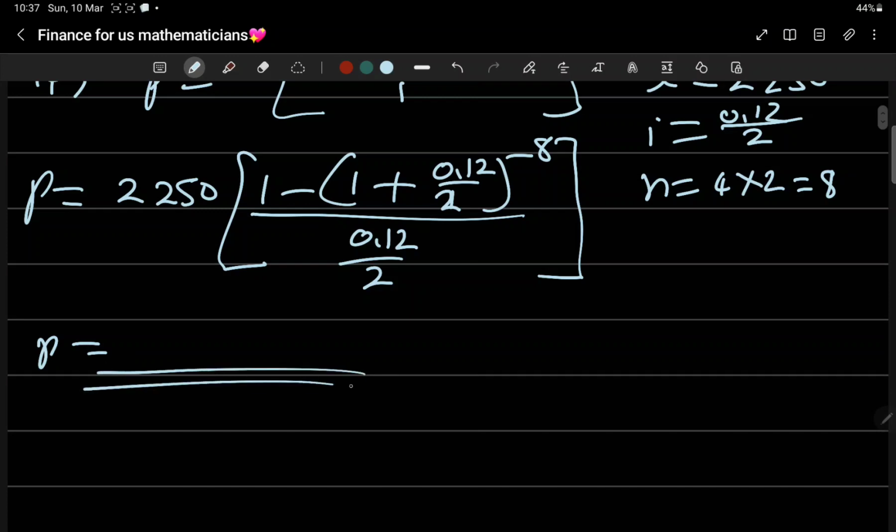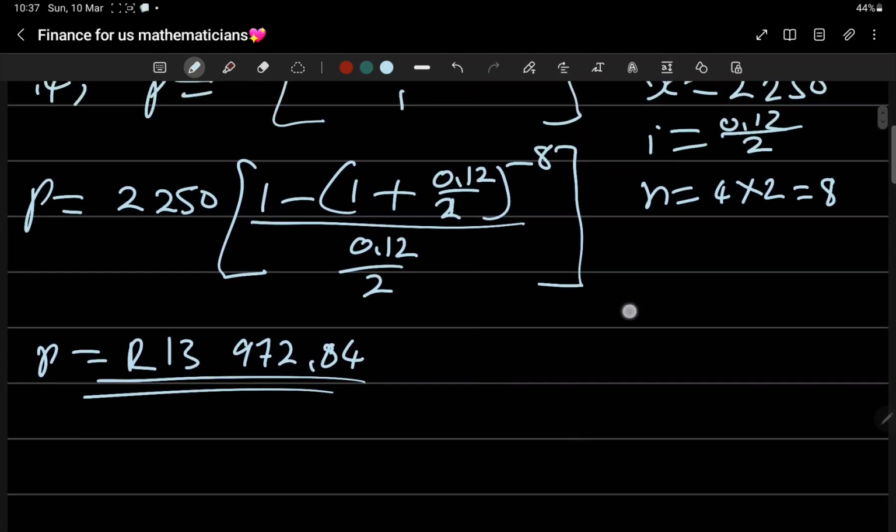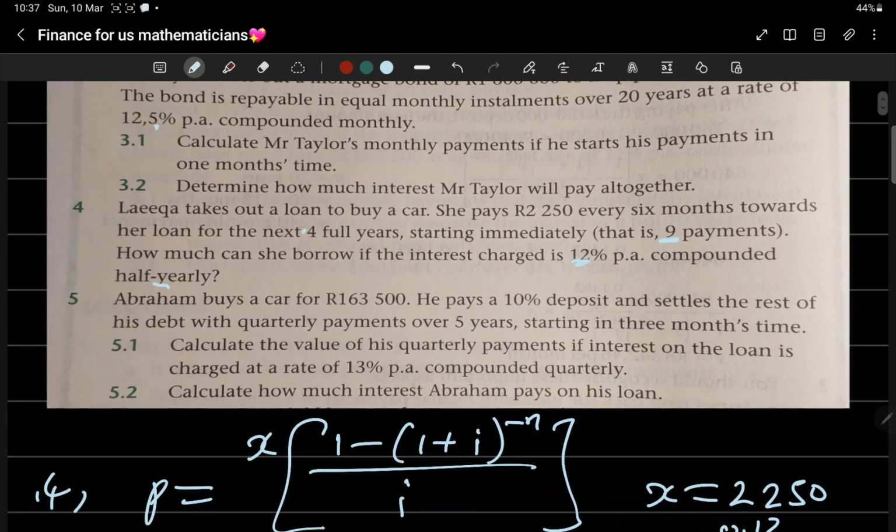P equals, on your calculator, 13,972.03604.